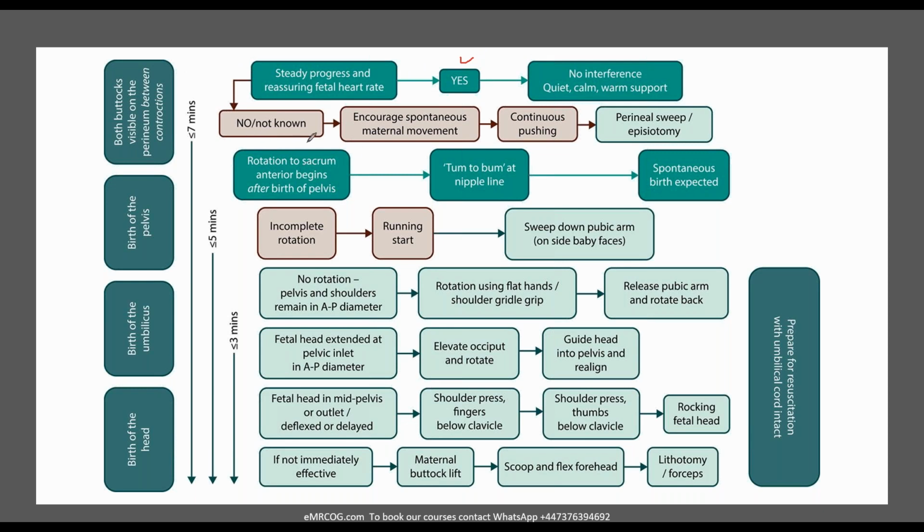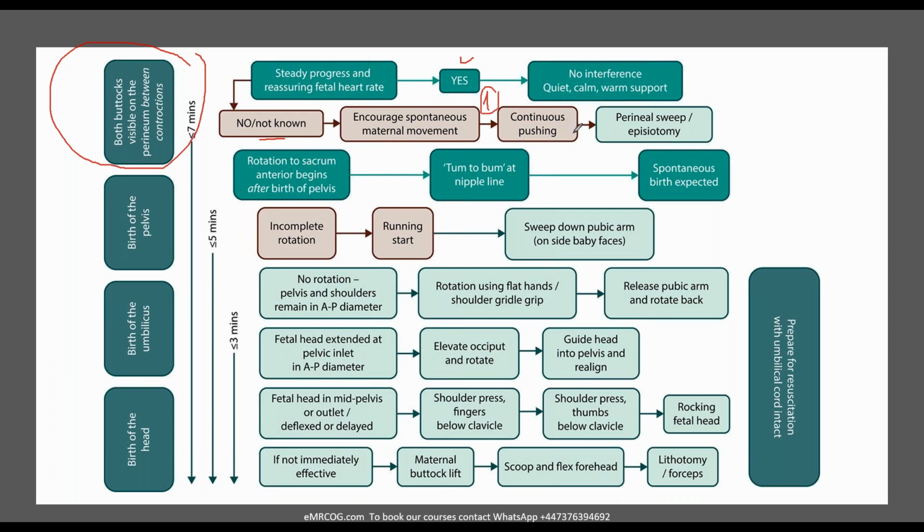If there is a delay or a problem in the fetal heart rate, and we are still at the level of buttocks visible on the perineum between contractions, then encourage spontaneous maternal movement. This is the first intervention that we can do.